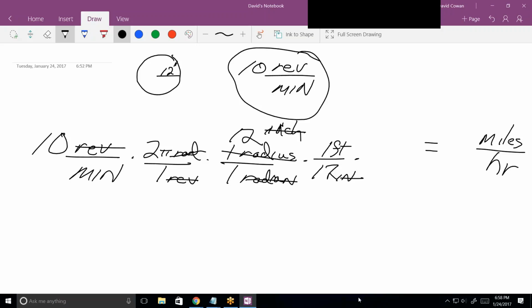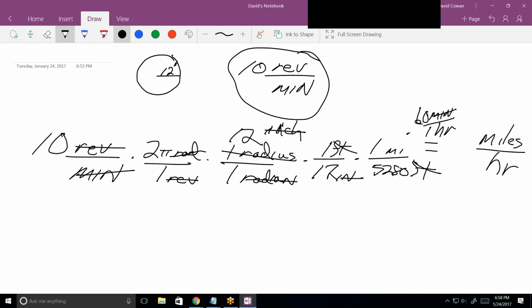Well, I know that there's 1 mile per 5280 feet. And now I got rid of the feet, and I finally have miles in the numerator. I still have minutes in the denominator, so I need one more conversion factor, which is 60 minutes per 1 hour. That minutes cancels with this minutes over here.